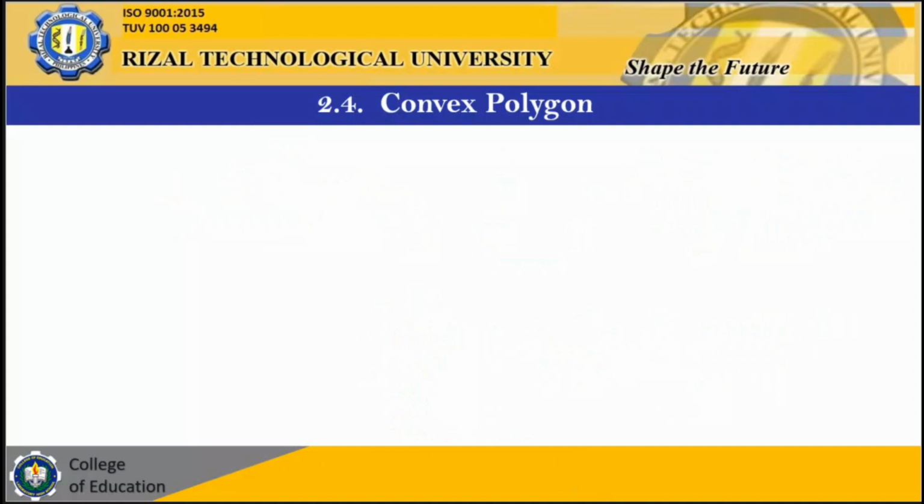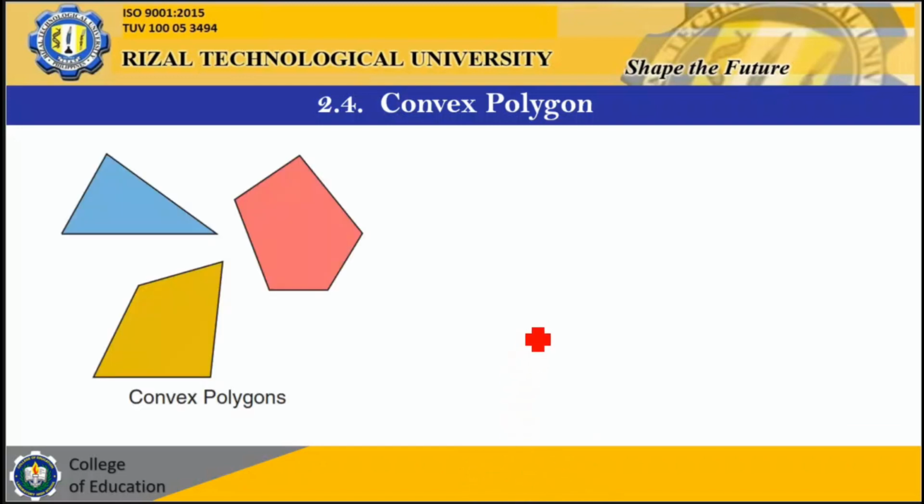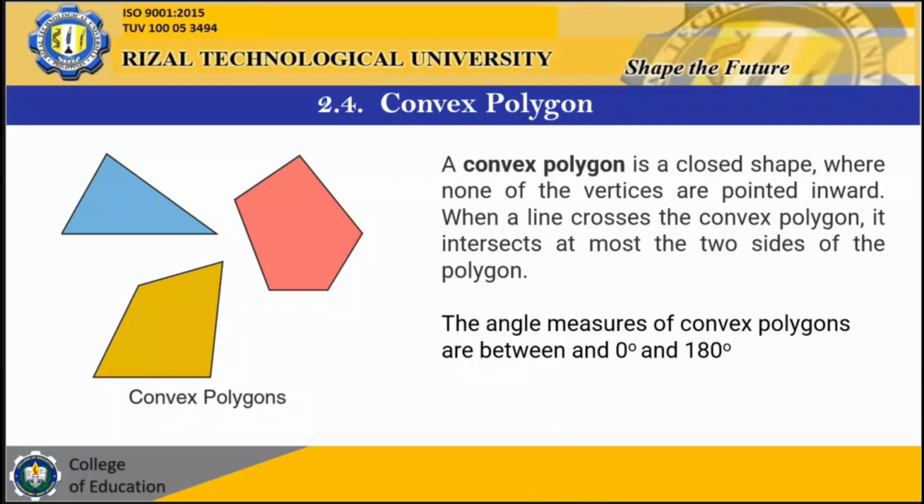However, if a shape is a polygon, we can actually classify it. There are two classifications of polygons, which are convex polygon and concave polygon. A convex polygon, just like our figure here, is a closed shape where none of the vertices are pointed inward.